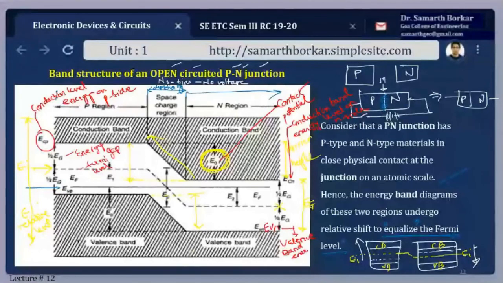And here this EVP is the valence band energy level on the p side. So Eg by 2 is the center portion, right, of this energy gap.